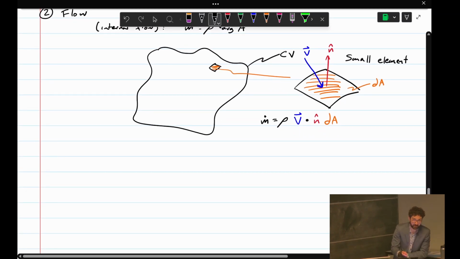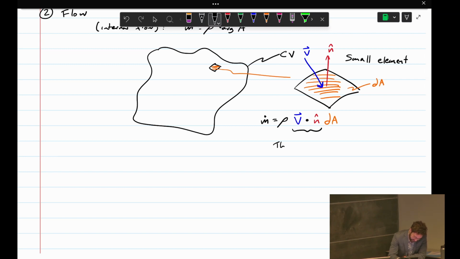And again, the reason for this dot product is that the velocity that convects, so convect is a fluids word for moves, the velocity that convects our mass through dA is the normal component.